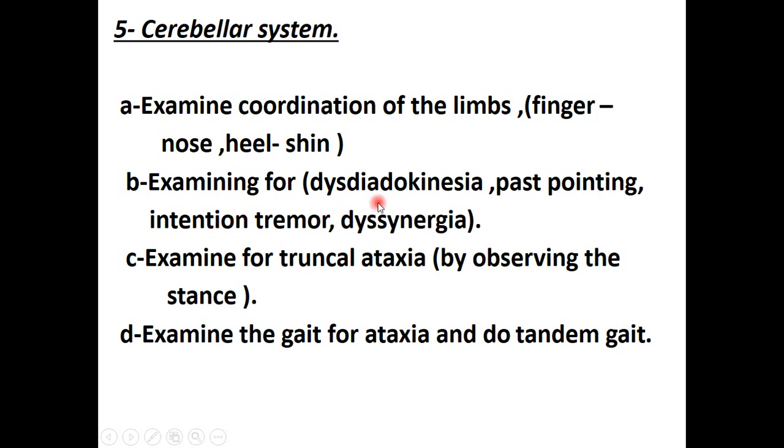Then you have to examine for dysdiadochokinesia, repetitive or alternating movement, the past pointing, and the intention tremor. Cerebellar lesions have intention tremor during action, unlike the resting tremor that we see in Parkinson's disease. Here is intention tremor, and they also have dyssynergia. A patient with a cerebellar lesion, we will see incoordination, difficulty doing the finger nose test, the heel shin test, and dysdiadochokinesia.